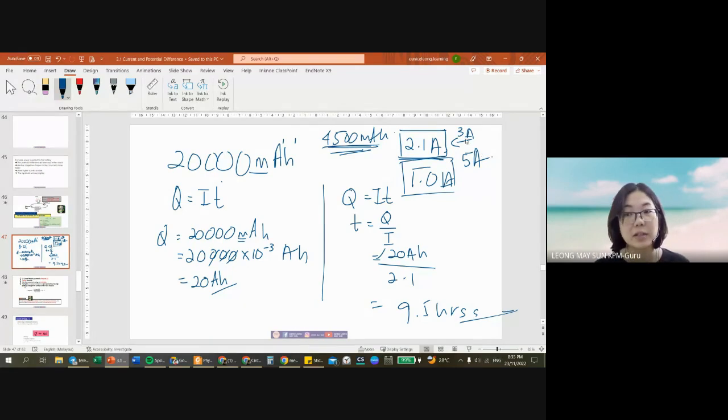Because if it's using 5 ampere, then it will cut short the charging time from 4.5 hours to only 4 hours. That is how they manipulate the time for you to charge your handphone or your power bank. But one thing, if you use a higher current input, your handphone battery heats up faster because the charge is moving in too fast, too many frictions going on inside.